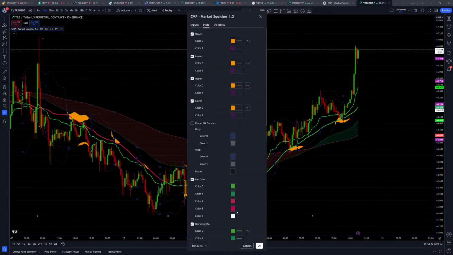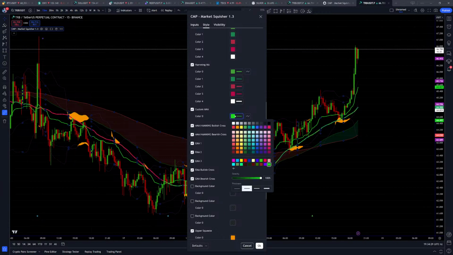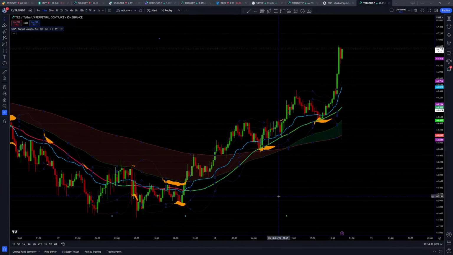Then on top of that, it can also be used as a trailing stop loss. It works quite well for that, and you can play with the settings. It's a really versatile AMA.